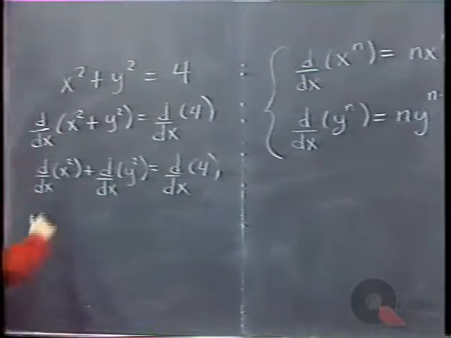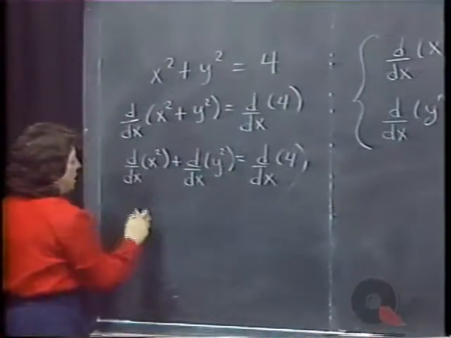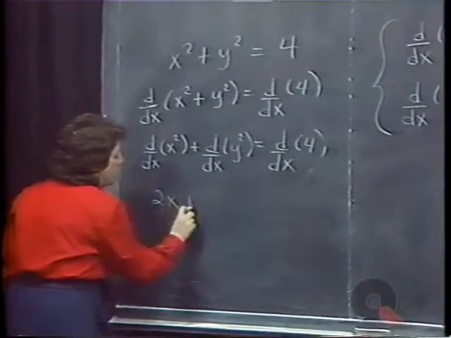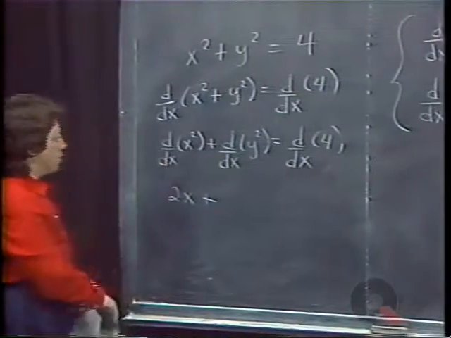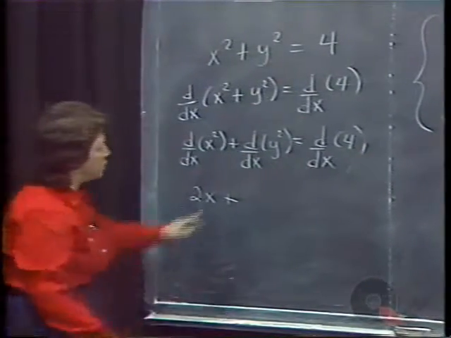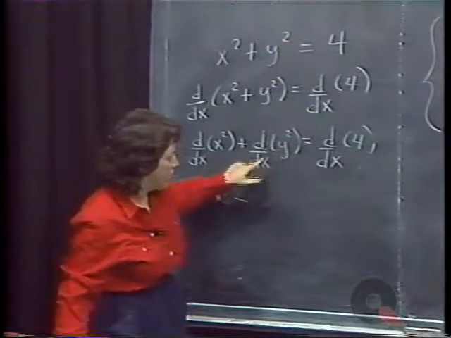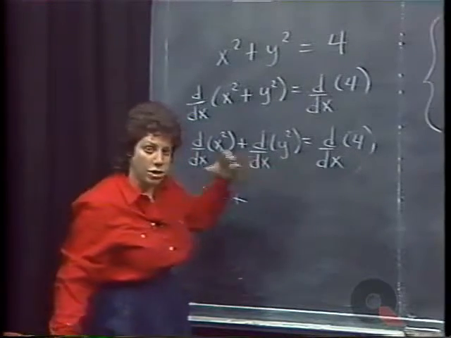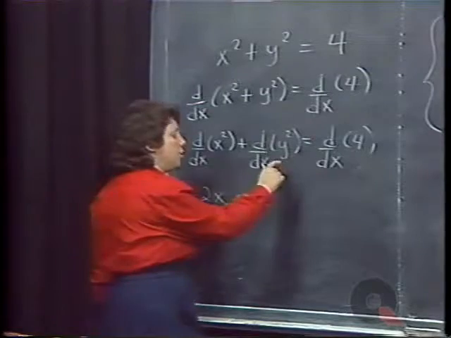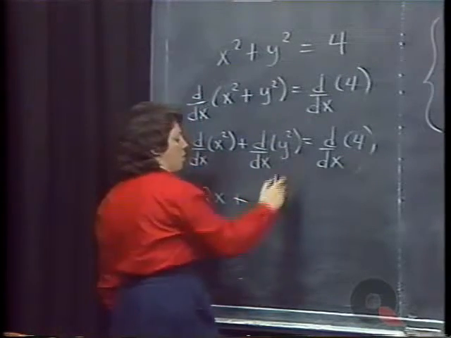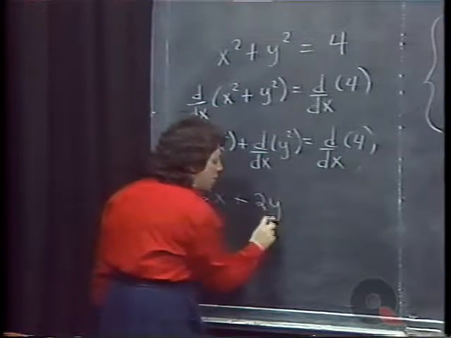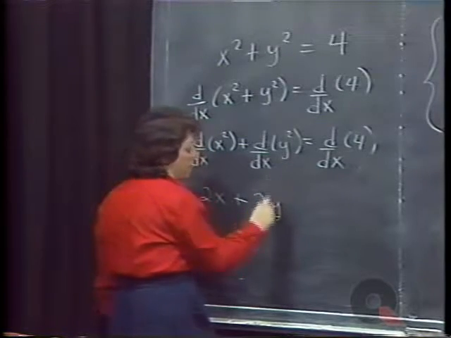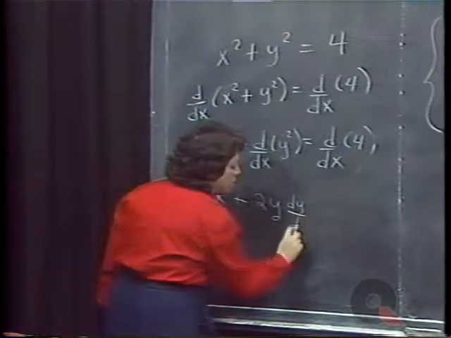So, over here, the derivative of x squared with respect to x is 2x. This is something, of course, we knew before. The derivative of y squared with respect to x, where y is assumed to be a function of x, we do by the power rule. So, it's power, function to the 1 less power, we don't have to write the first power, times the derivative of the inside.